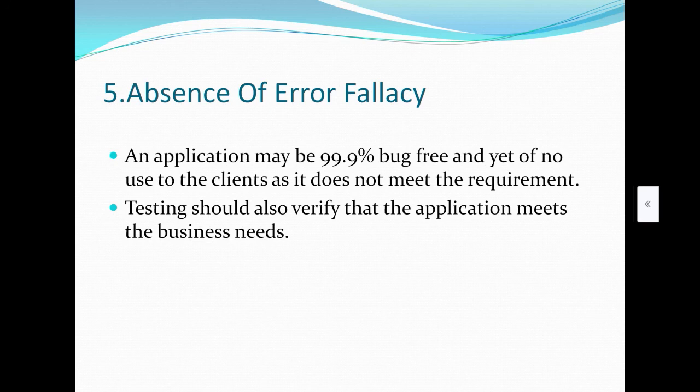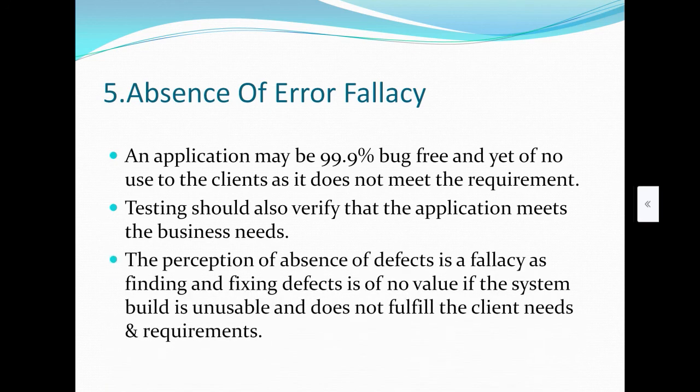and delivered, right? So if we say an application is 99.9% bug free, what does this mean? It gives a perception of absence of defects, which in itself is a fallacy, because finding and fixing defects is of no value if the system build is unusable and does not fulfill the client's needs and requirements.